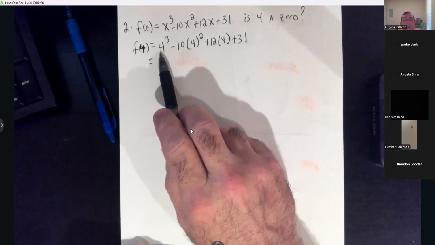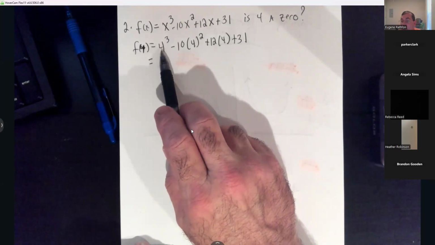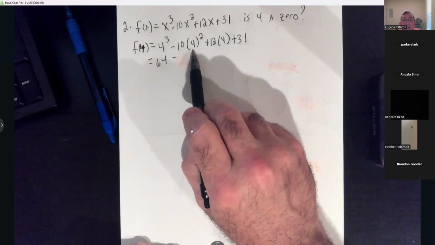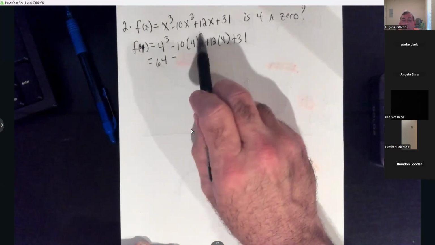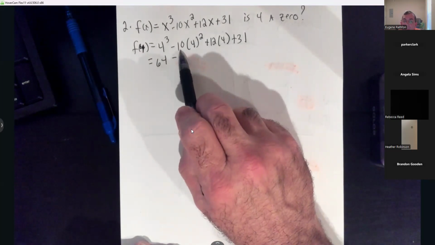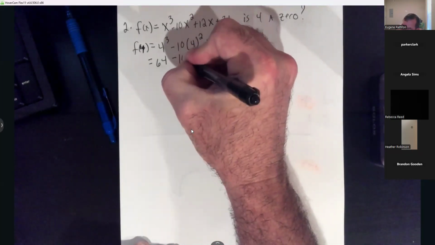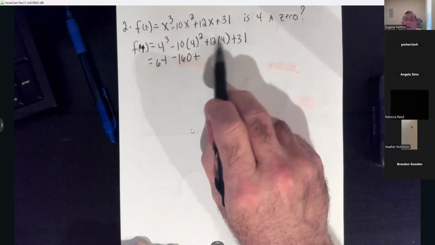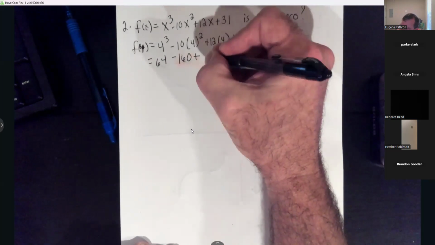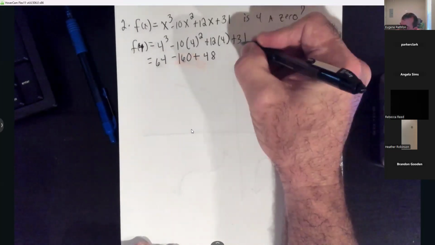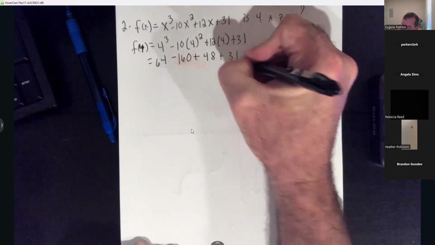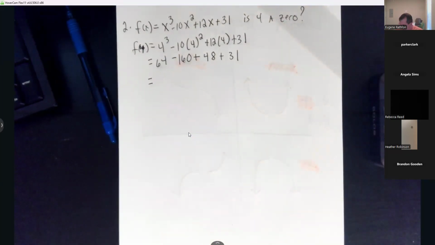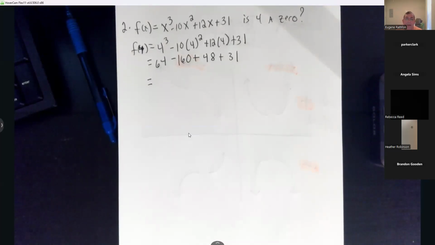All right, so let's see what we get here. 4 times 4 times 4 is 64, minus 4 squared is 16, and then 16 times that 10 gives me 160. 12 times 4 is going to give me 48. And then at the end, I got a plus 31. So let's add these and see if we get a 0.